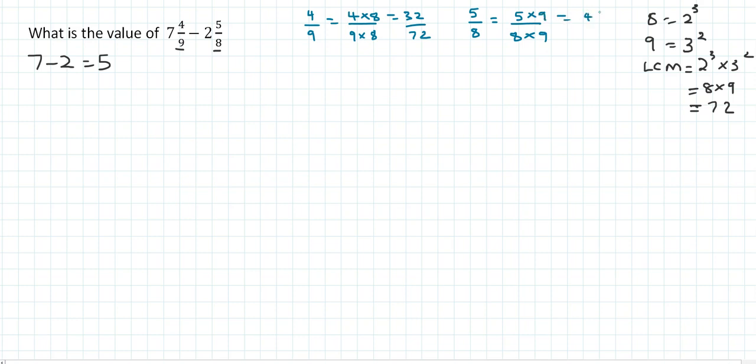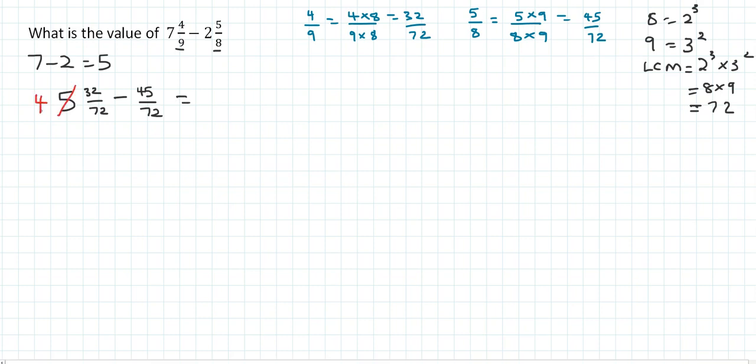That's going to give us 45 over 72. So now, here's what we have: 32 over 72 minus 45 over 72.